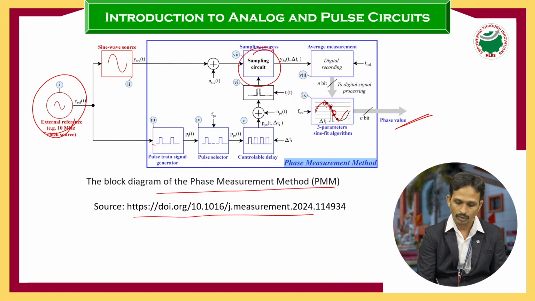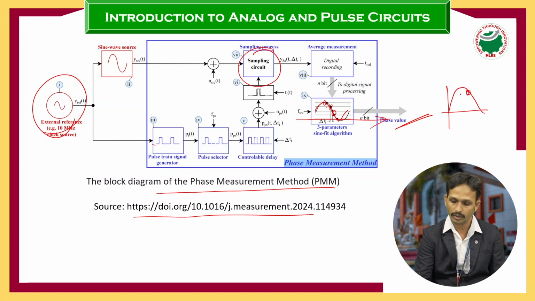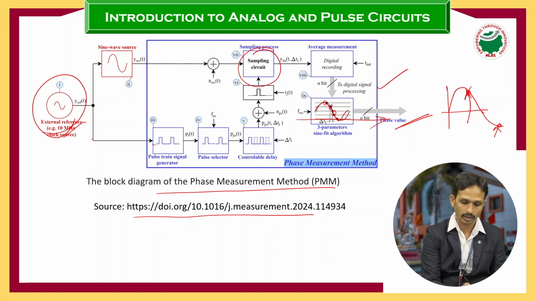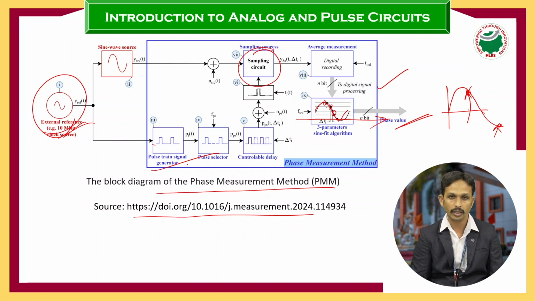So to calculate the phase of a continuous time signal, we apply a triggering pulse, and there we can calculate the phase. At another time, in this continuous analog signal, we apply the triggering pulse at this moment, and there we can calculate the phase of the signal.